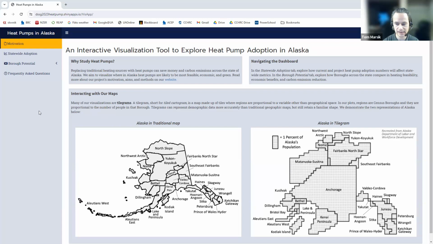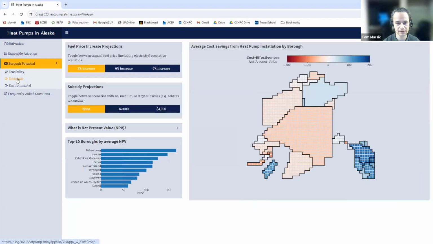And this tool has a number of functions here, but I just want to point out one, and that's the economic feasibility. So I went to the borrow potential and economic feasibility of heat pumps. And you can actually also make some projections here for fuel price increases.